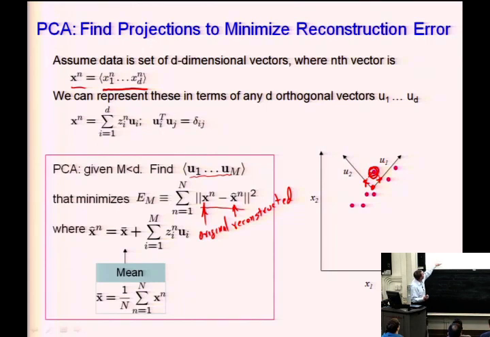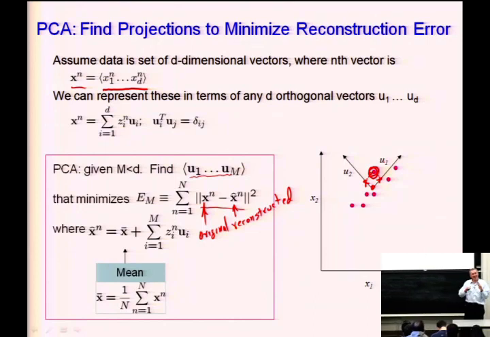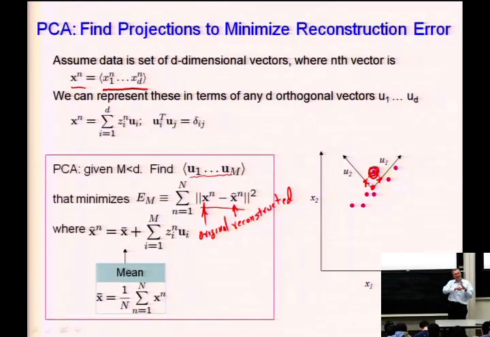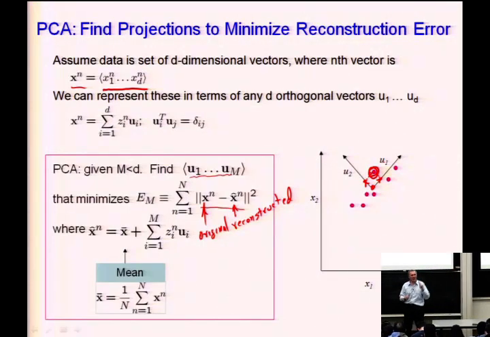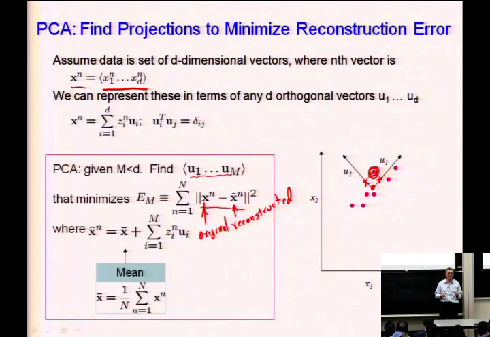And so what PCA does is essentially it learns what are u1 and u2. And it learns them in an order. The first one, u1, has the property that if you can only use one dimension, it's the best one. It's the direction that minimizes the sum of squared errors if you can only use one component.